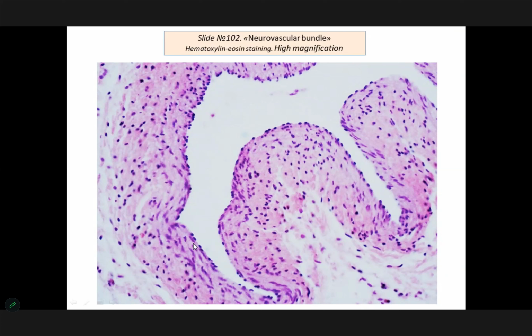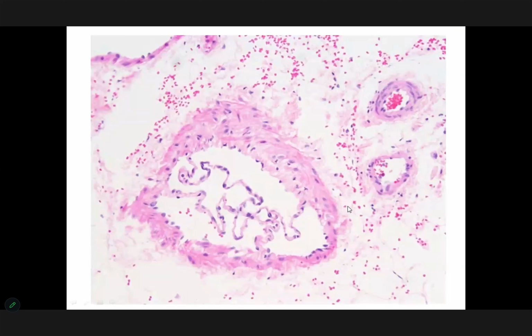Overall thickness of the wall of the vein is not so thick as it is in artery, so the vein cannot hold always its lumen open. So we can often see the lumen collapsed in veins. Another example of a vein which has valves.